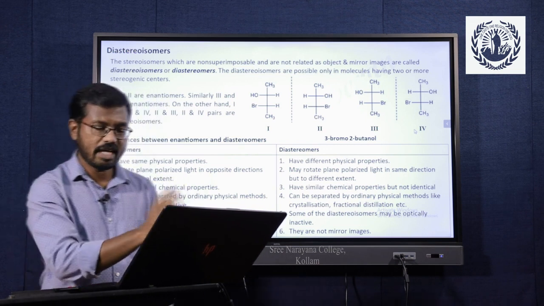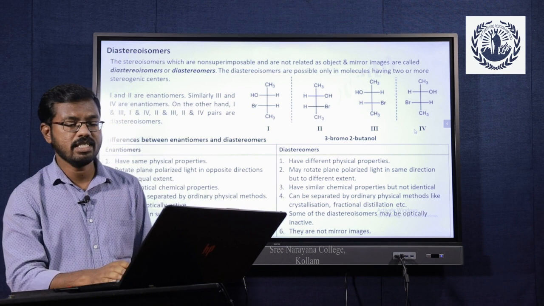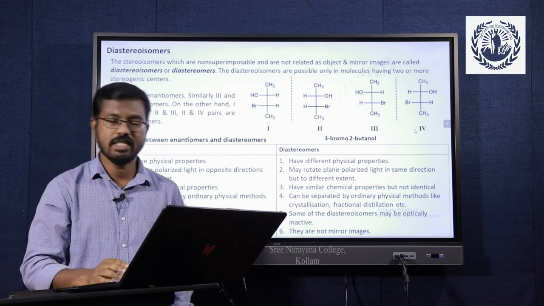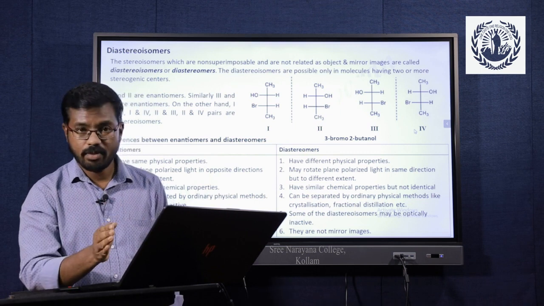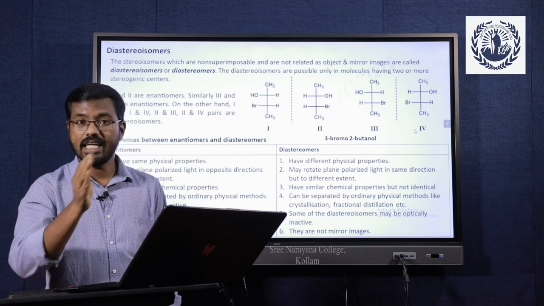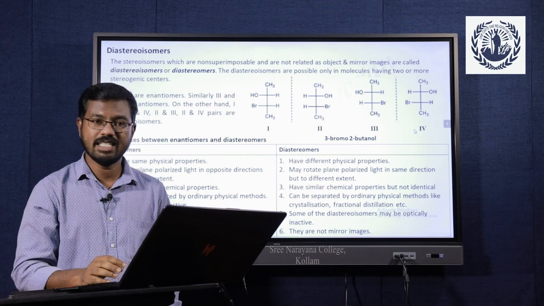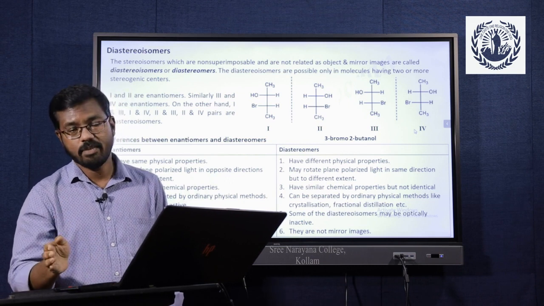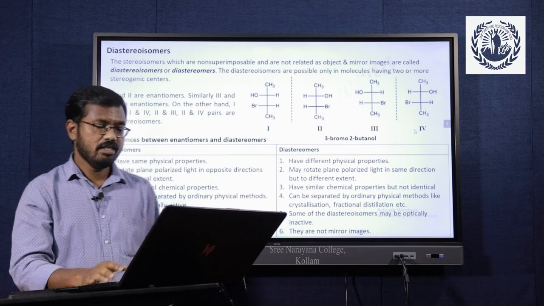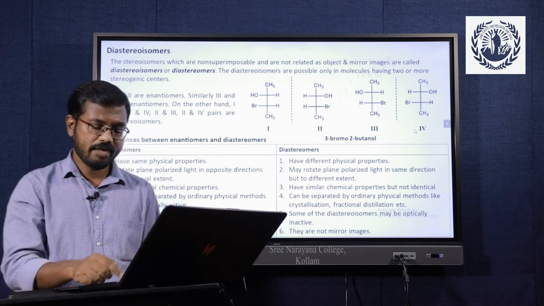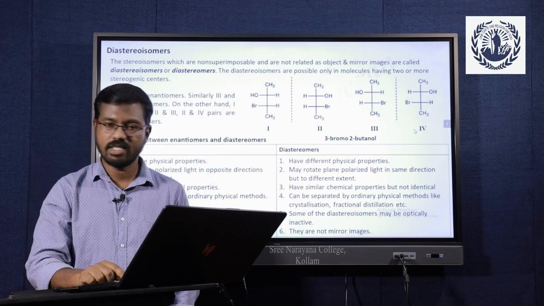Enantiomers have the same physical properties, whereas diastereomers have different physical properties. Enantiomers rotate the plane polarized light to an equal extent, whereas diastereomers also rotate the plane polarized light, but not to an equal extent. I have given some more differences.